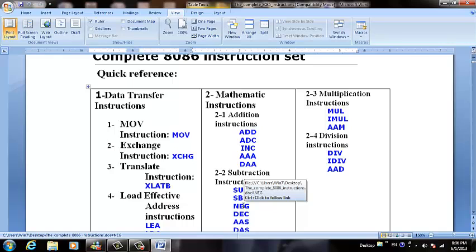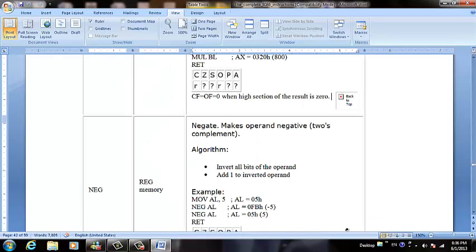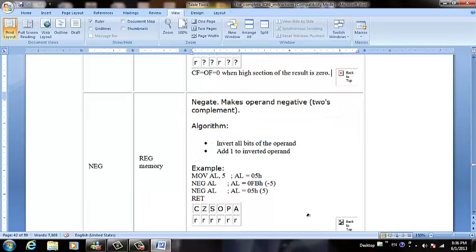Negate. It has only one operand, which is a register, and that will give the complement of the number.